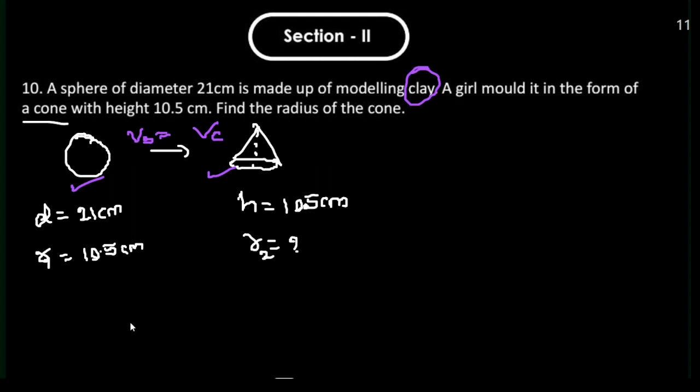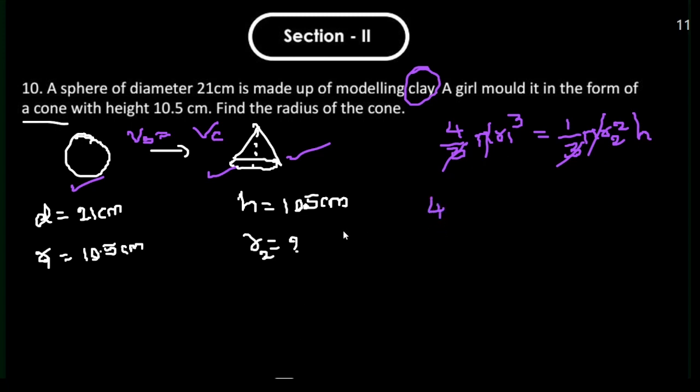Then what is the volume of the sphere? That is nothing but 4 by 3 pi r1 cube. Okay. Now what is the cone's volume? That is 1 by 3 pi r2 square h, right? Here let's cancel the common terms. By 3 pi gets cancelled. Now just substitute these values here. Then 4 into what is R1?